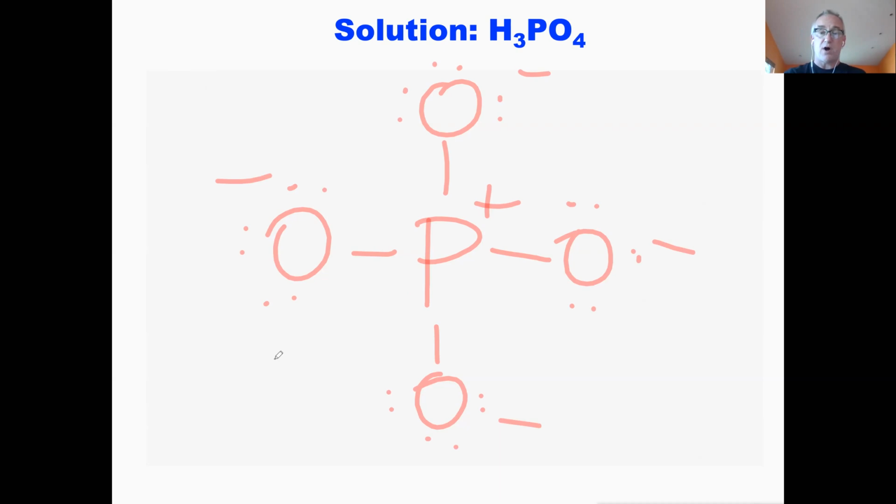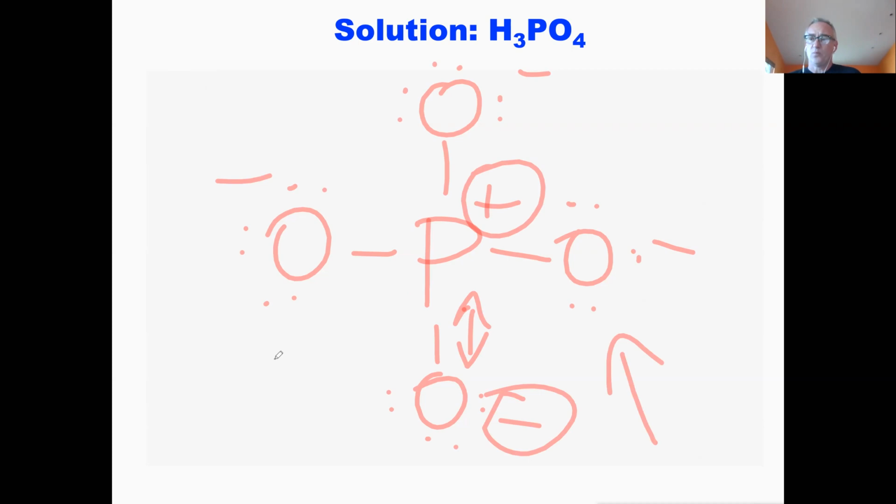If you calculate these bond distances between the phosphorus and the oxygen, they pretty much match what you would expect if there was a negative charge here and a positive charge here. So for phosphate ion, this is an acceptable way to represent it. You can also represent it with a double bond, and no charge on the phosphorus and no charge on that oxygen. That is also acceptable. Either one is acceptable.